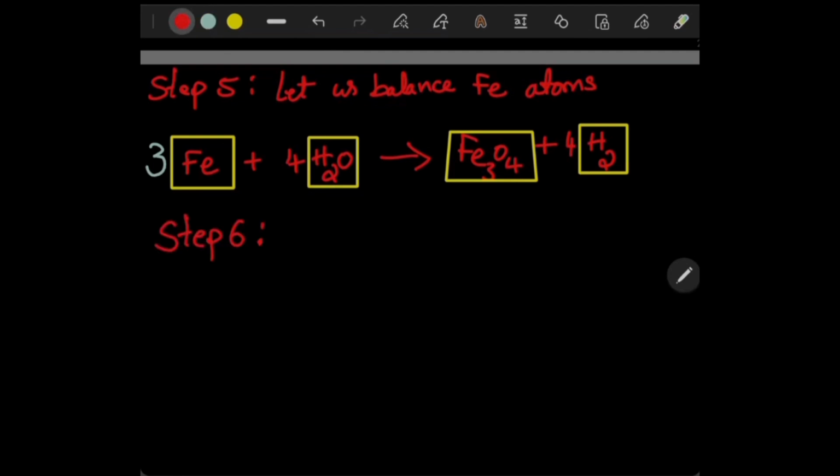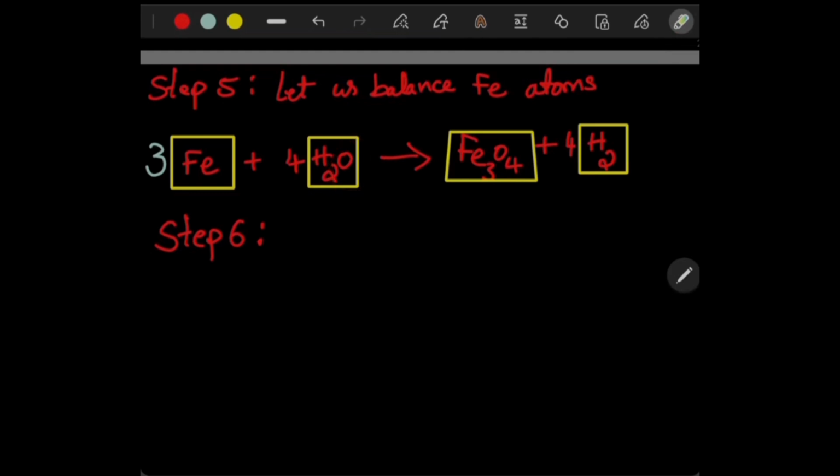So in step 6, finally, to check the correctness of the balanced equation, we count atoms of each element on both sides of the equation. In this equation we can see that the ferrous atoms, that is the iron atoms, are balanced, and that is 3 iron atoms, 8 hydrogen atoms, and 4 oxygen atoms.